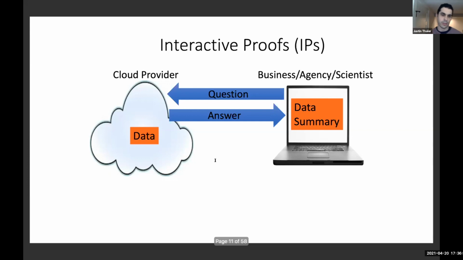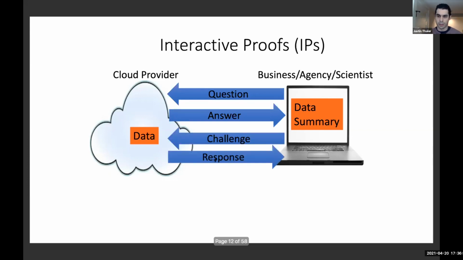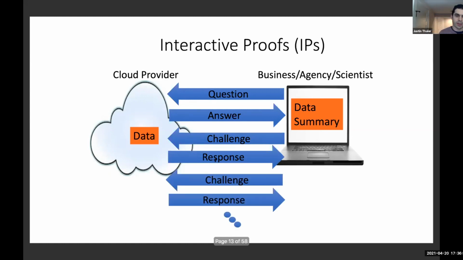The cloud uses its substantial resources to compute the answer, but the user doesn't blindly trust the answer as valid, and instead starts interrogating the prover, sends a sequence of challenges, gets a sequence of responses in return, and at the end of this interrogation decides whether to accept the answer as valid or reject it as invalid.